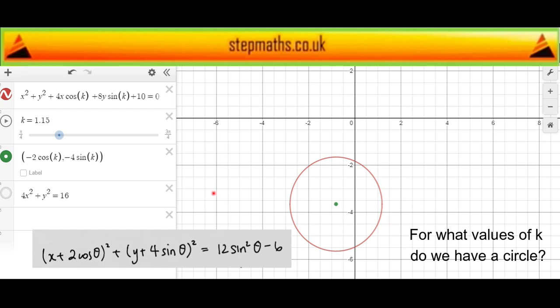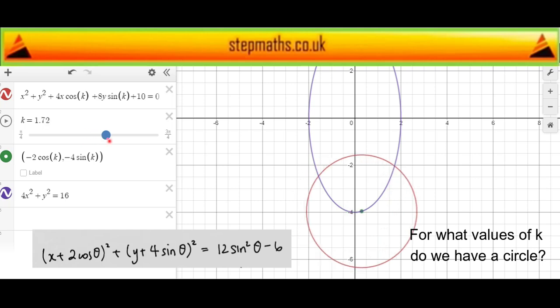Because if we put in the ellipse 4x squared plus y squared equals 16, and vary k, you'll see the centre of the circle moves along the ellipse. And this isn't too unexpected with all the trigonometry and sine and cosine functions going on. And you can get algebraically to this by substituting in minus 2 cos k, minus 4 sin k into this, and you'll see it is always a point on this ellipse.